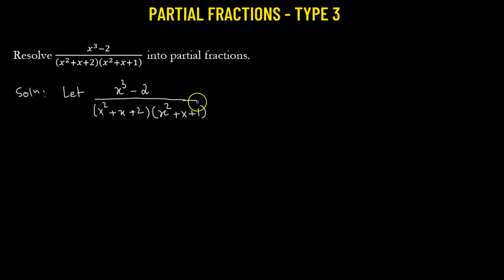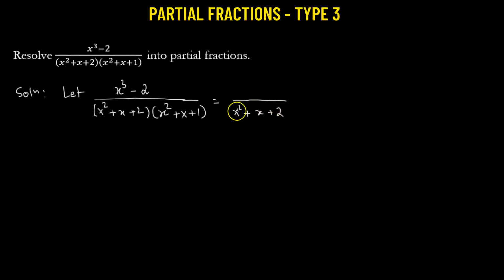Now, since we have two factors in the denominator, we're going to get two partial fractions, meaning we can resolve this particular rational fraction into two partial fractions. The first partial fraction, let's start with the denominator. We're going to consider the factor x squared plus x plus 2.